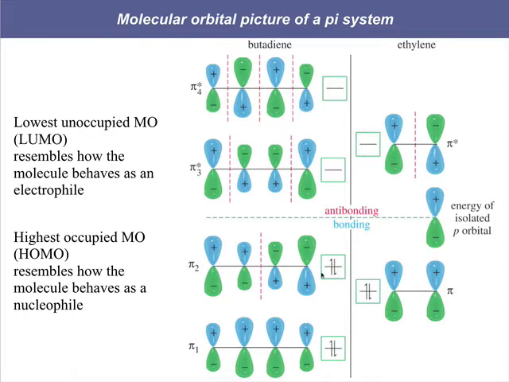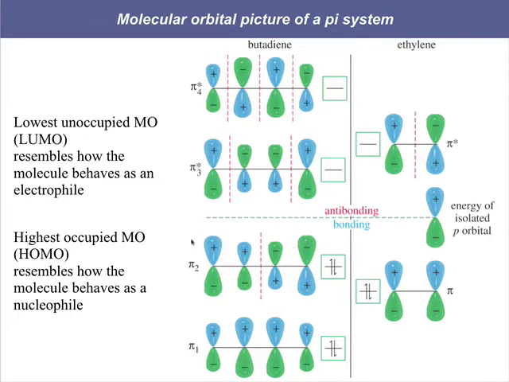You'll notice that in both of these pictures, we have electrons only in the lower energy orbitals. We have no electrons sitting in the higher energy orbitals, which means that for both of these pictures, the electrons get to go down in energy as a result of the molecules forming, as a result of that pi system forming by overlapping these p orbitals.